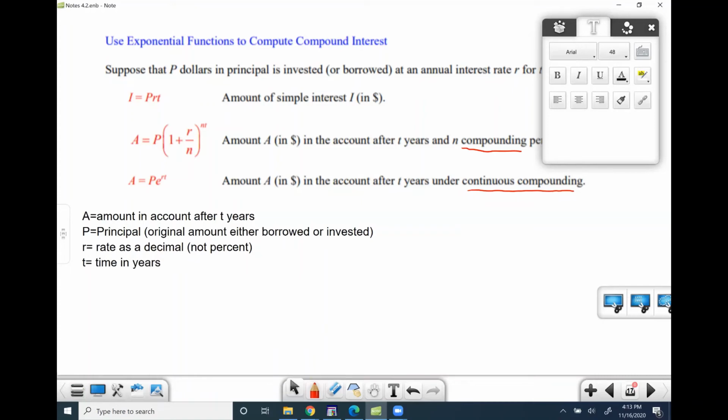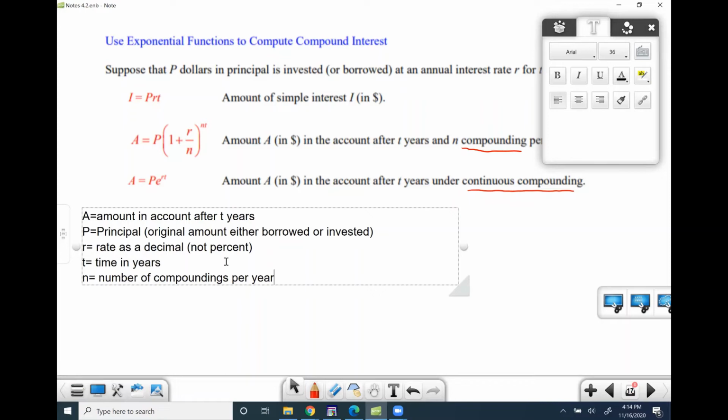The new thing that probably we don't know also is N, which is the number of compoundings per year. They might say it was compounded monthly. If it's compounded monthly, then that would be 12 times per year. They might say compounded quarterly.